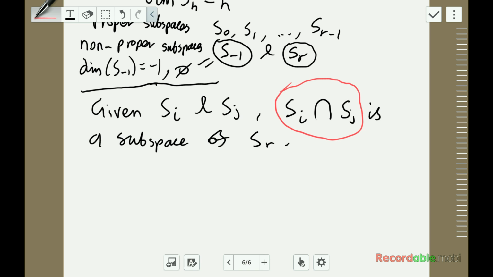The only other important operation we need to consider is this so-called span, the span of two subspaces.